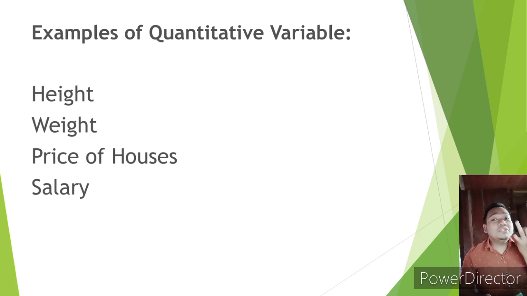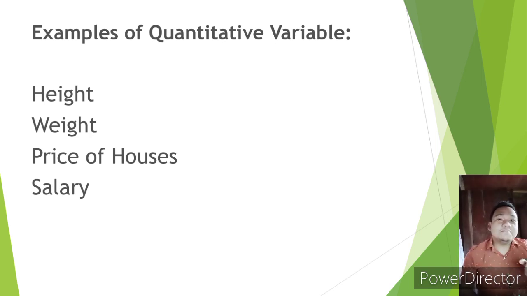Second obvious example is your weight. So if your weight is 120 pounds, 200 pounds, 300 pounds, or 250 pounds, you can assign numbers to that. Okay? Other examples are price of houses and salary.